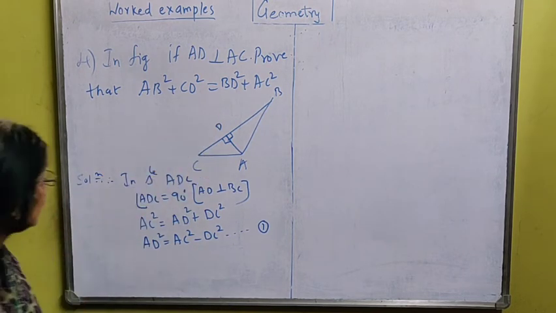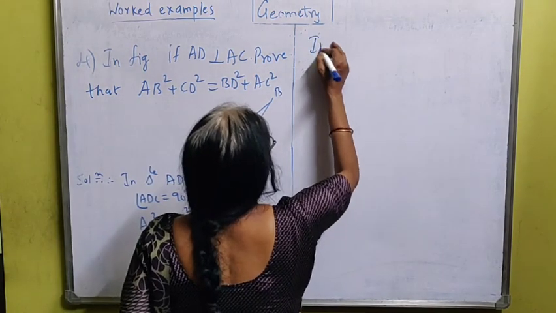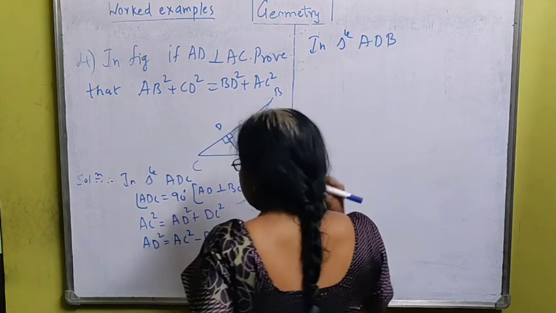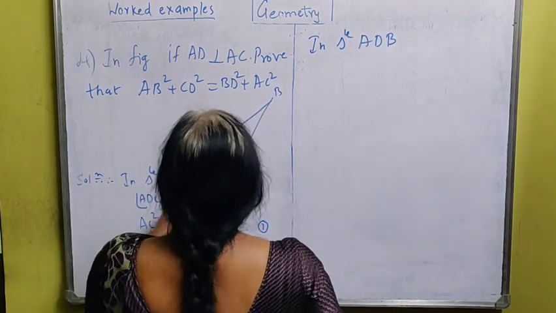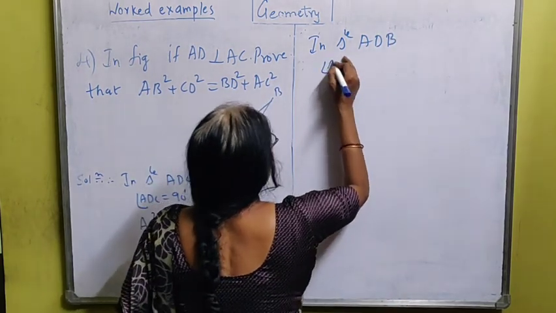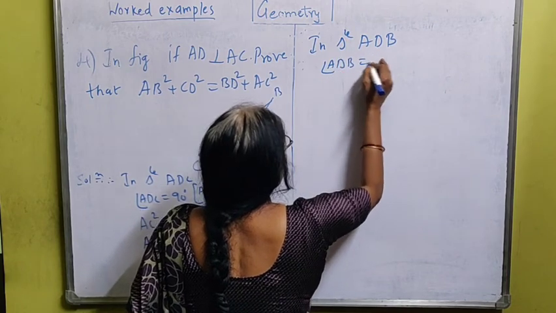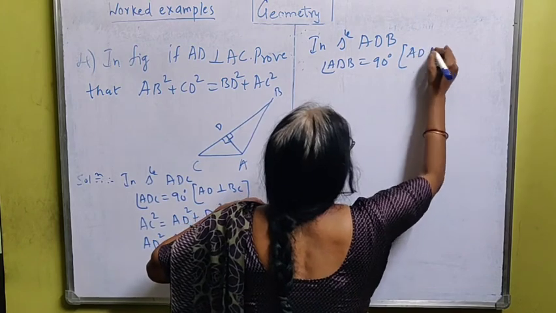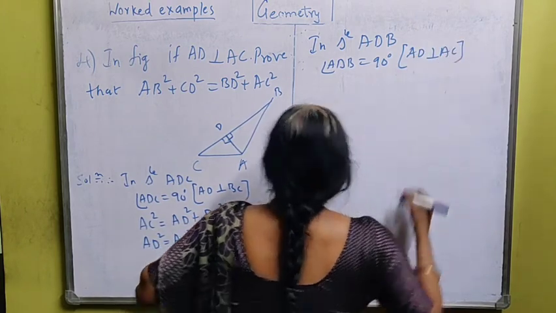In triangle ADB, what is given? Angle ADB is 90 degrees. What is the reason? AD is perpendicular to BC.